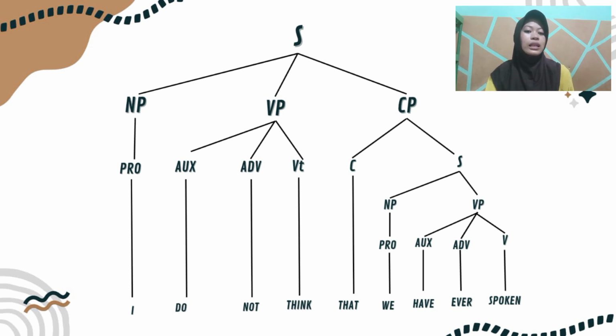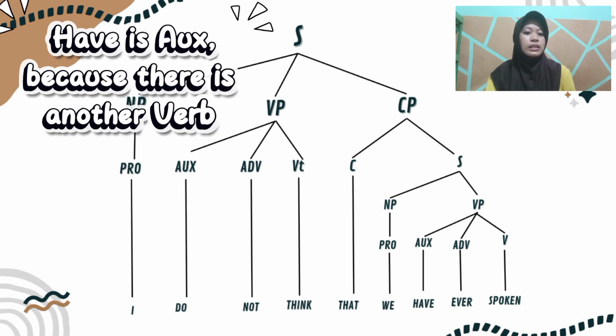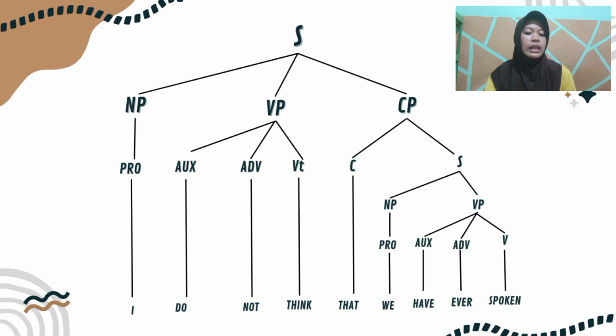From the lexical categories analysis, we can identify the word classes of each element in the sentence. From the functional categories analysis, we understand the role of each word within the sentence structure.